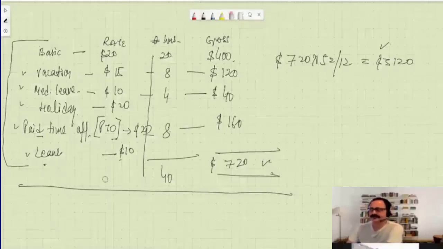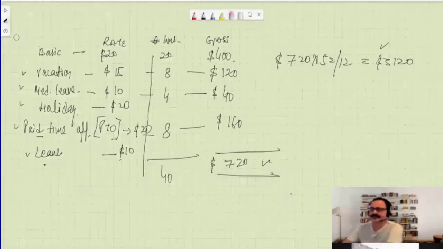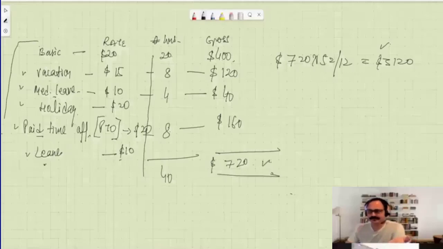I told you five components. The name could be different, but you can easily identify them: vacation, medical leave, sick leave, holidays, paid time off, PTO, and any leave. These are the components of basic. So whenever you are doing the basic calculation and you see a vacation, medical, holiday, paid time or leave, you are going to include that and use it.